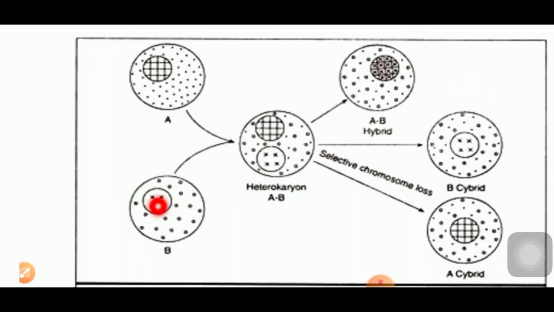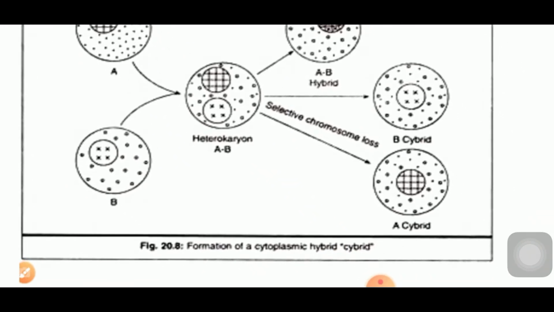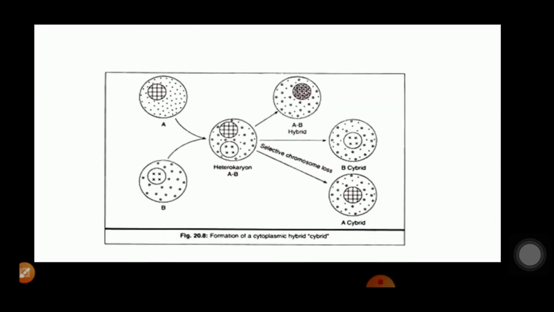Instead it has its own mitochondrial DNA, or chloroplast DNA, or the plastid genome, and both get fused. After the fusion we get a heterokaryon. Why is it a heterokaryon? Because this cell has the nuclear genome of two distinct species, and later on these are cells which have two distinct varieties of traits.